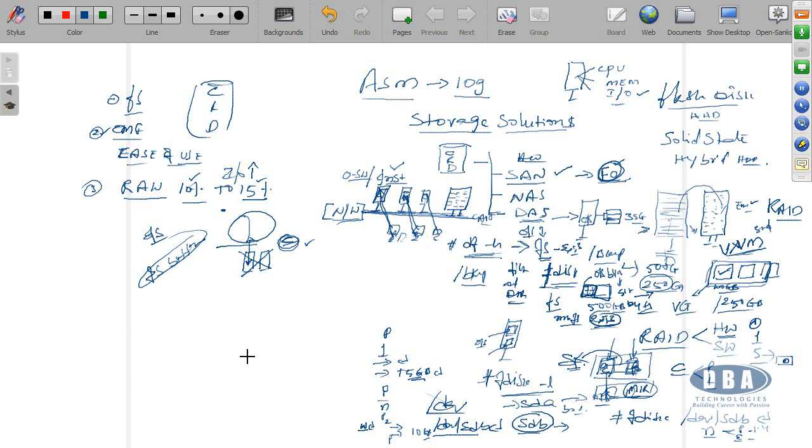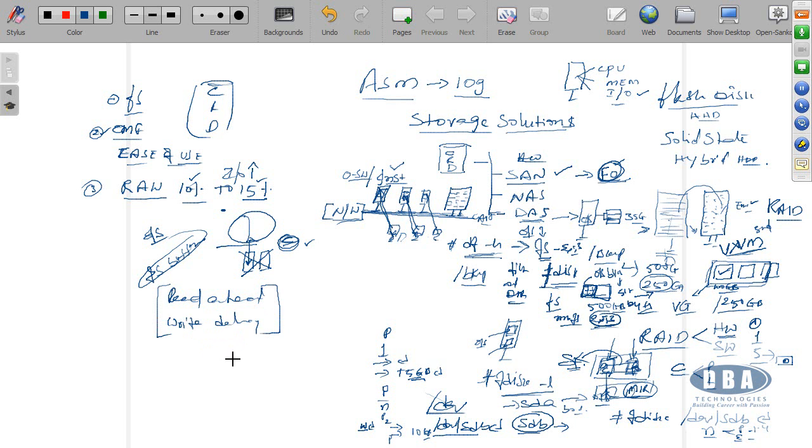There is a mechanism, an industry standard: read ahead, write delay. Read ahead, write delay is the basic concept of information technology architecture by itself.